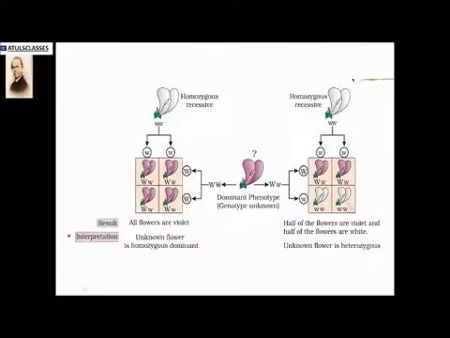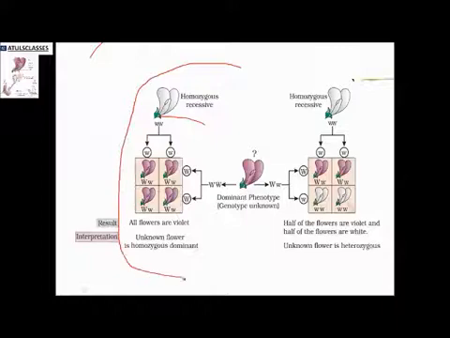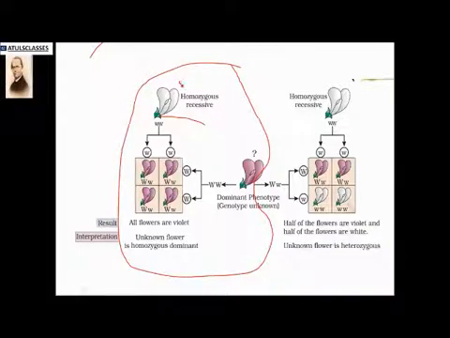Now two situations are possible. This whole is situation number 1. So we want to know the genotype of this plant, so we are crossing a homozygous recessive with the plant.